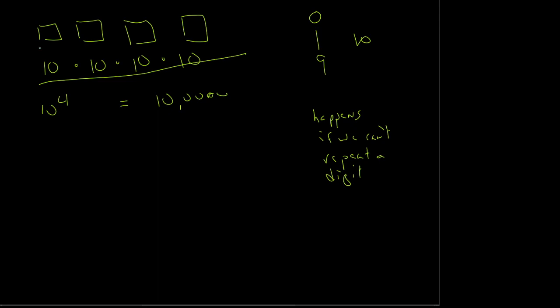And so on the first one, I have 10 options, but I've gotten rid of one number. Whatever it is, I've gotten rid of one. On my second one, I now have 9. And then on my third one, I have 8. And then on my fourth one, I have 7.